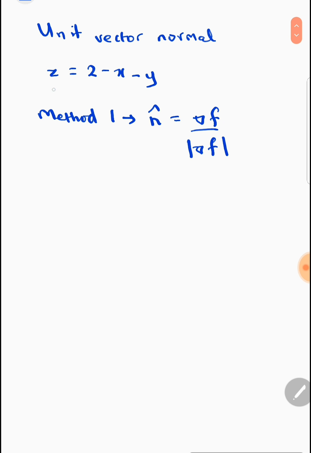In other words, we need to express f by putting everything onto one side. So I move this to the left hand side and re-express it, which gives me x plus y plus z minus 2 equals 0. This is my function f.